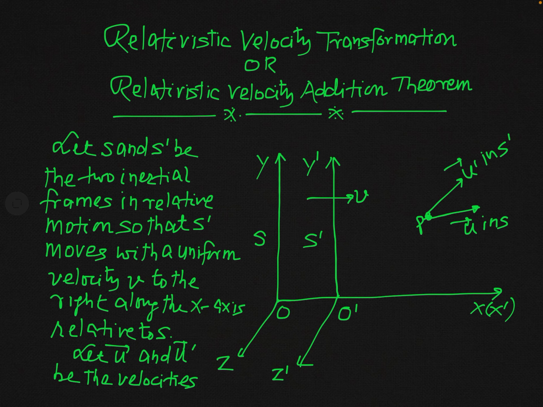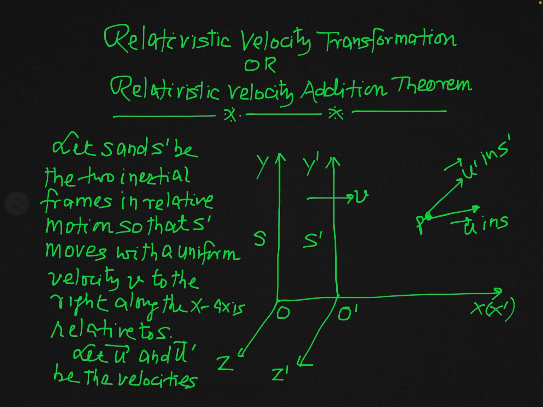It means according to the classical velocity transformation equation, or you can say the Galilean transformation for velocity, the result is that the speed of light in free space will be different in different inertial frames.